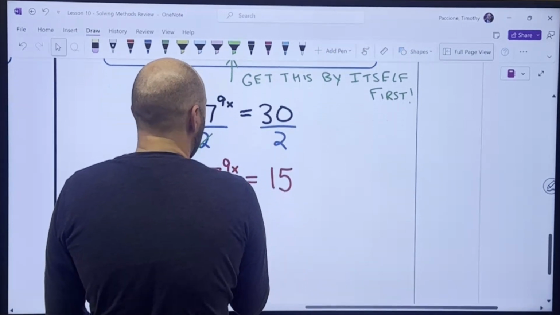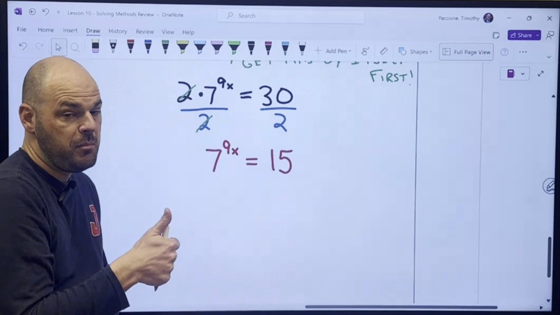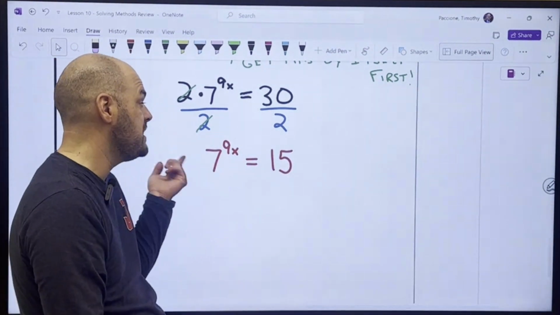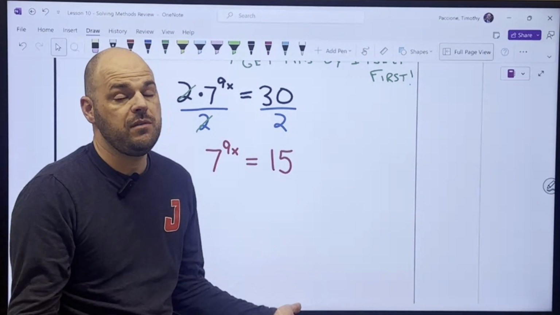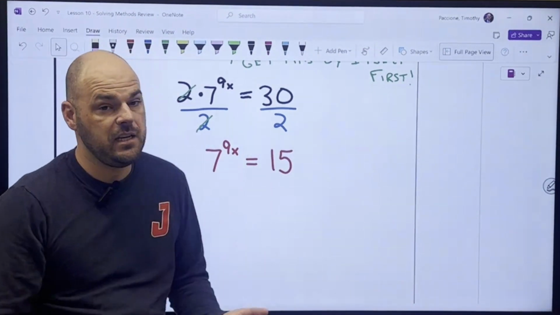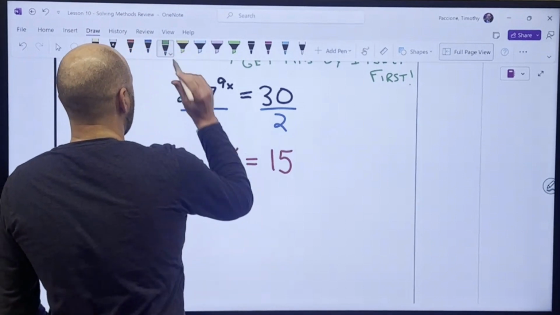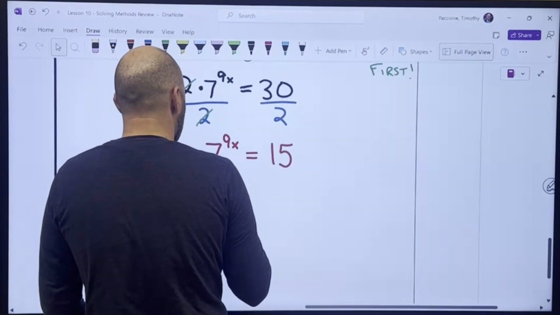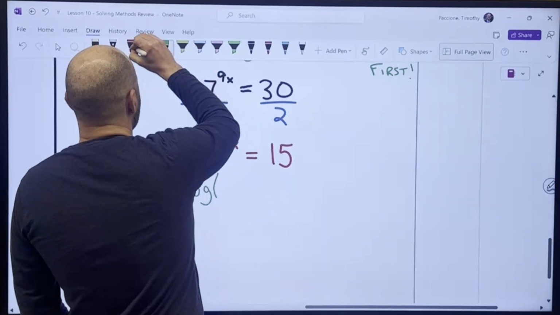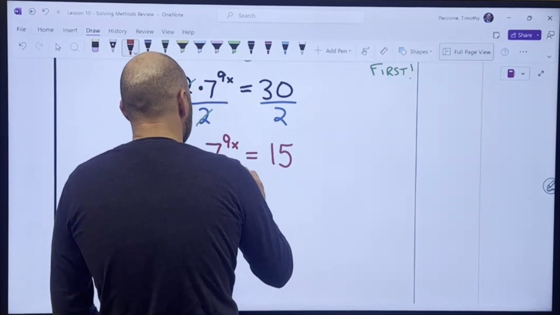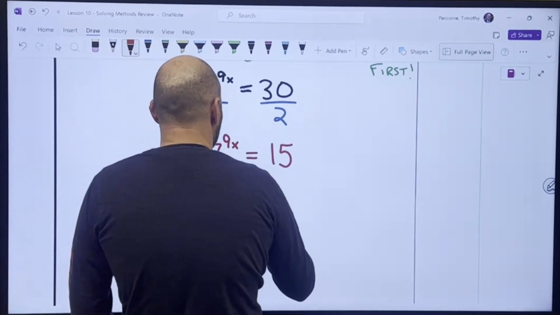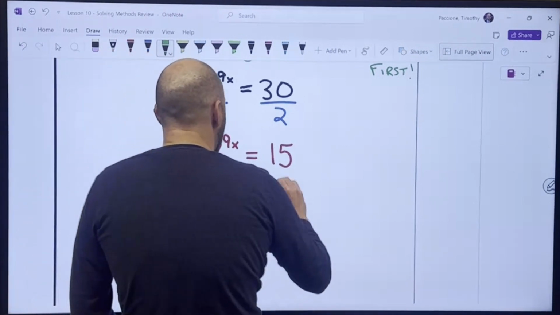Okay, so now I'm kind of in that same situation I was up above. I have no idea how to get that x out. I can't do this in my head. 7 to the 9 times something equals 15. I have no idea. Not a common base, nothing I can do. But I can log both sides. So I'm going to log 7 to the 9x and log 15.